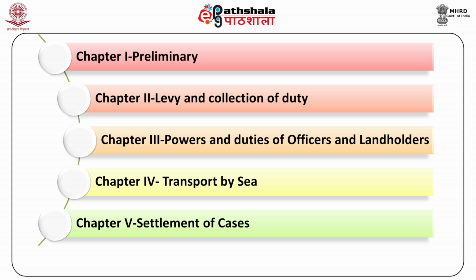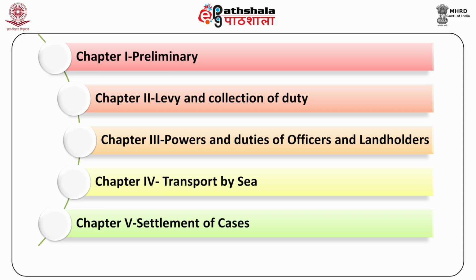Chapter 4, Transport by sea. Prohibition of transport of excisable goods by sea in vessels of less than 300 tons burden and related matters, sections 24 to 30. Chapter 5, Settlement of cases. Definitions, section 31.